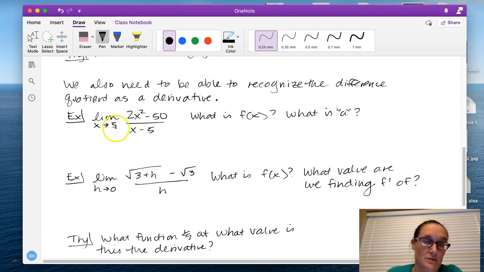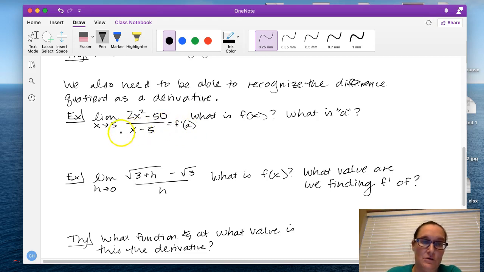So we were finding the slope of the tangent line at a number. We're finding the derivative at a number. So this limit is equal to f prime of some number a. All right, our goal is to figure out what the function is that we're taking the derivative of, and what the number is that we're taking the derivative at.